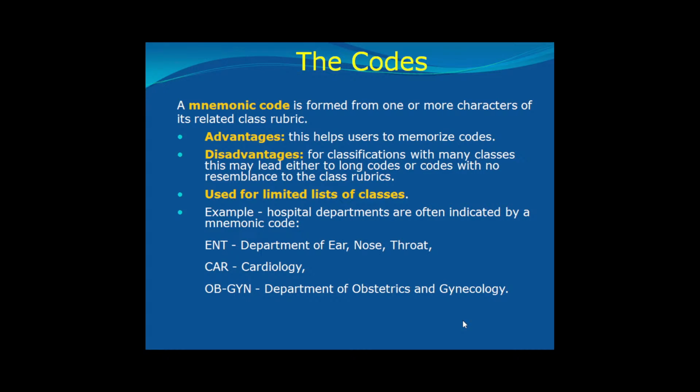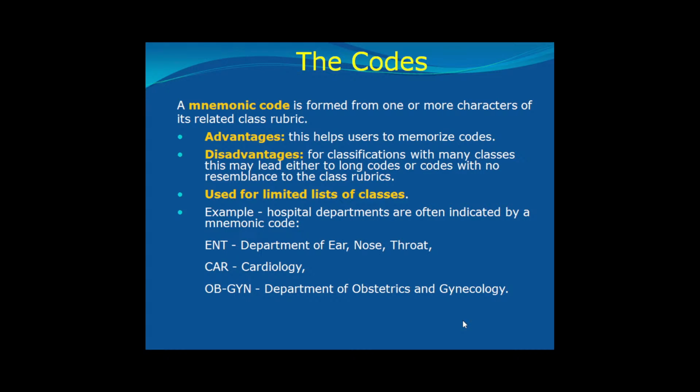A mnemonic code is formed from one or more characters of its related class rubric. Advantages: this helps users to memorize codes. Disadvantages: for classifications with many classes, this may lead either to too long codes or codes with no resemblance to the class rubrics; used for limited lists of classes.